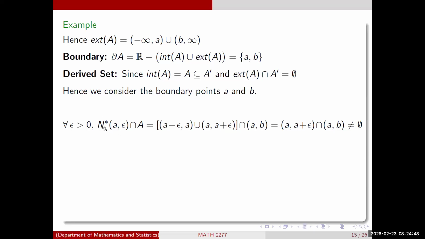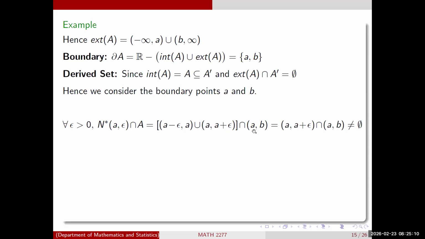This deleted neighborhood, you could write as (a - epsilon, a), then you jump over the center, so you go union (a, a + epsilon). This part in the square bracket is just the deleted neighborhood. And then you intersect this with the set A.